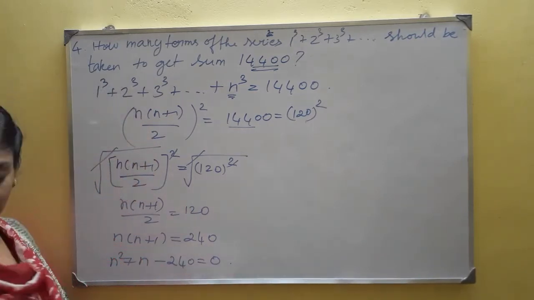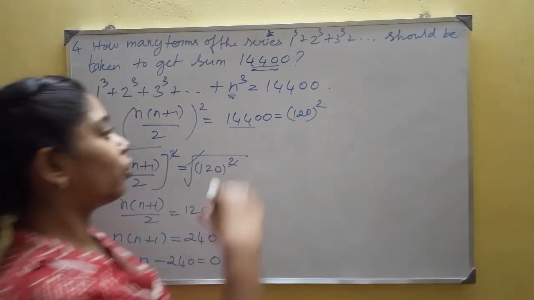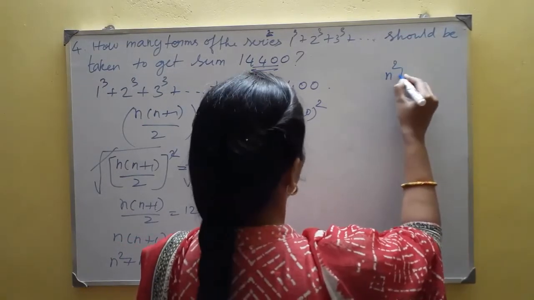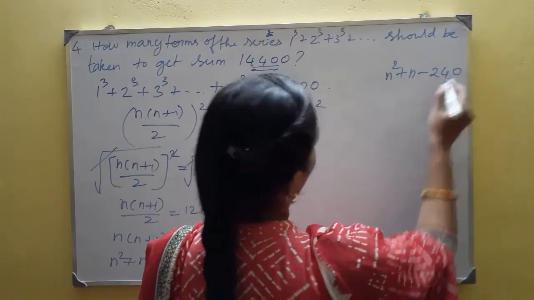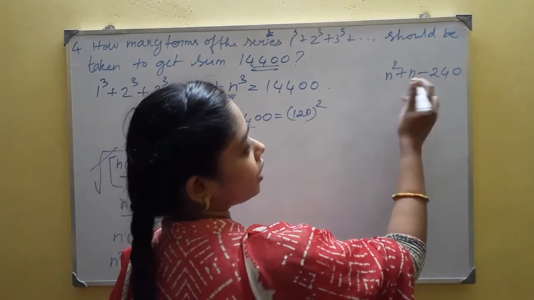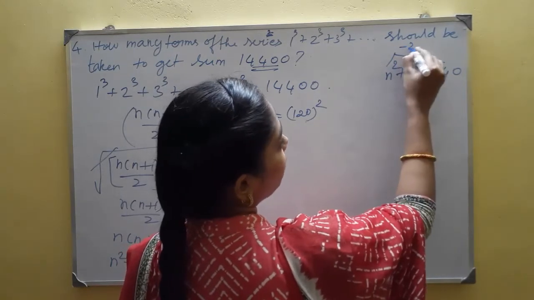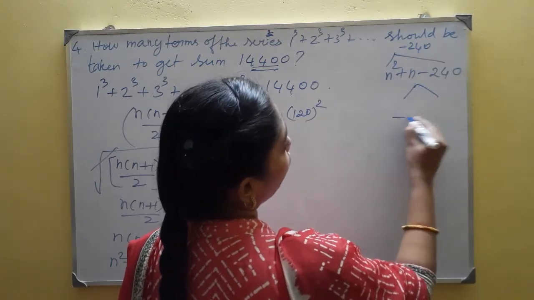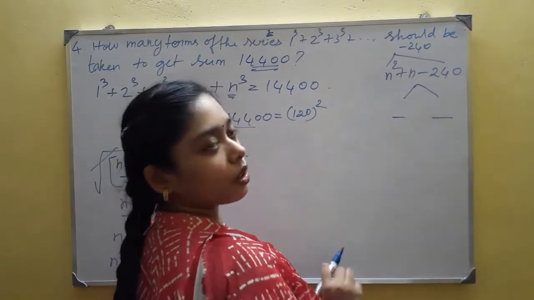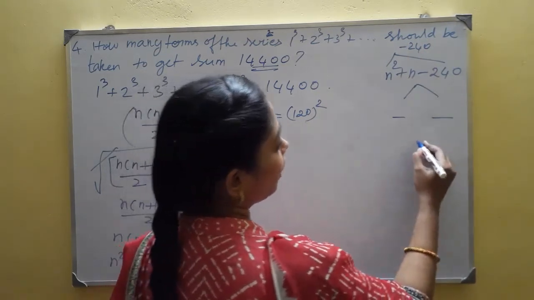Now you want to do factorization for this n square plus n minus 240. What is the coefficient of n square? 1. Coefficient of n is 1. Now 1 into minus 240 is minus 240. You want to find two numbers whose addition gives 1 and whose product gives minus 240.